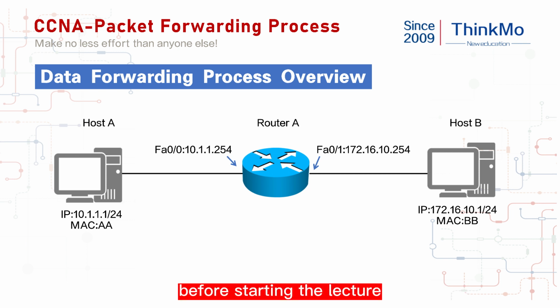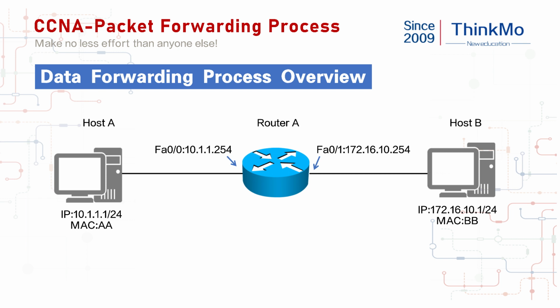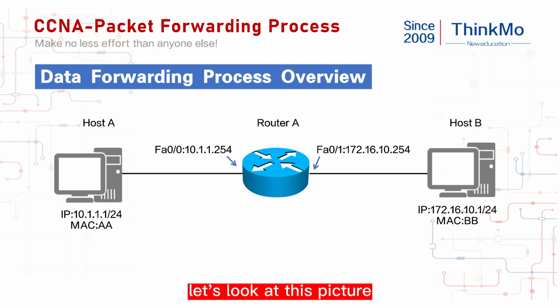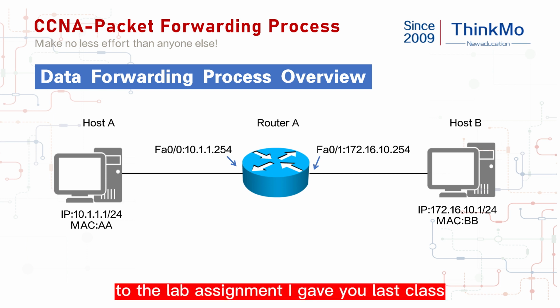Before starting the lecture, let's first do a basic review of the content of the previous class. Let me explain to you from the data forwarding process. Let's look at this picture. Actually, it's similar to the lab assignment I gave you last class, except the address is different.